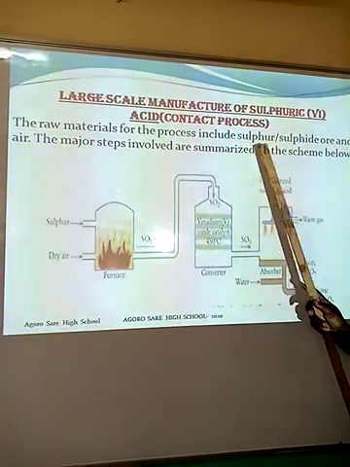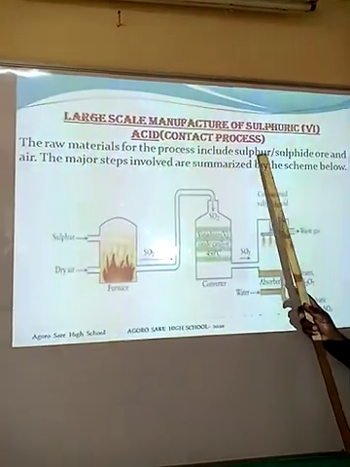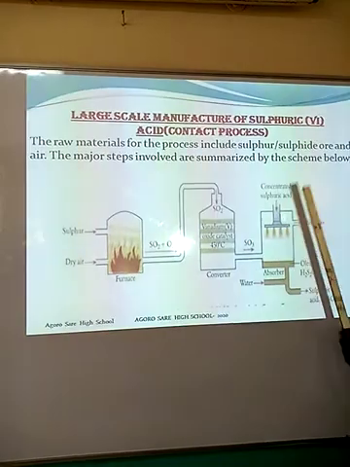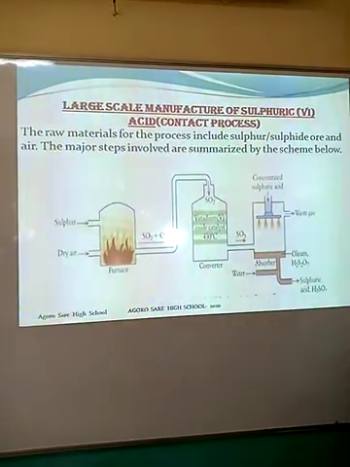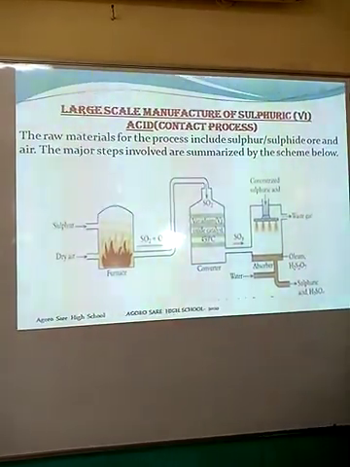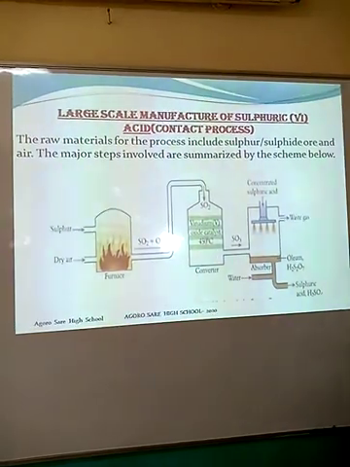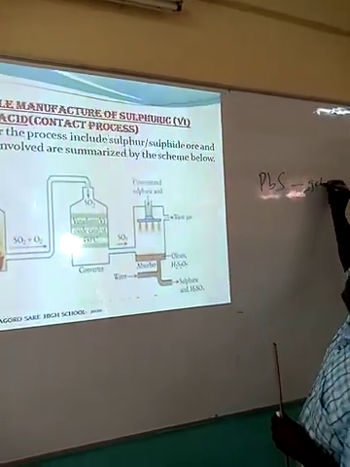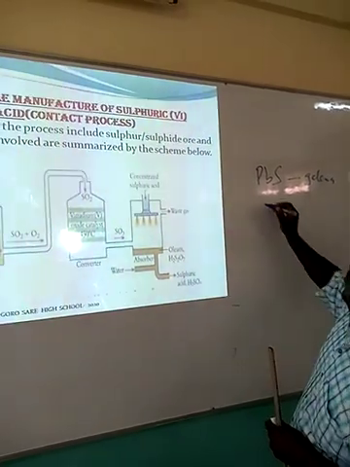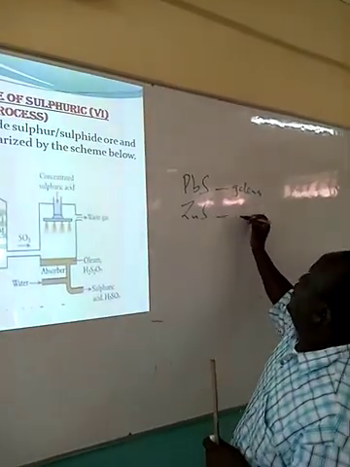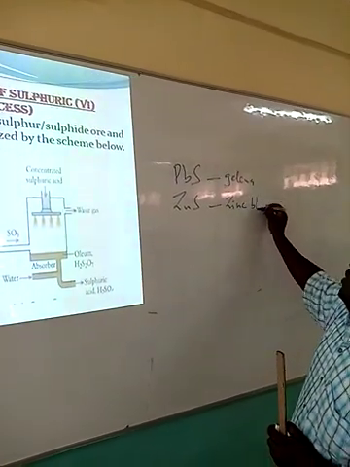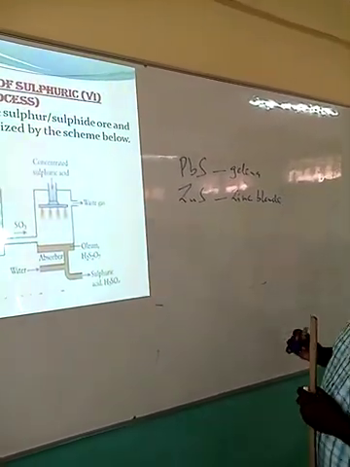one, we need sulfur. Should you not have sulfur, we need an ore of sulfide. Sulfide, it can be lead sulfide, sometimes we call it galena. Sometimes you can have zinc sulfide. This one here is called zinc blende.